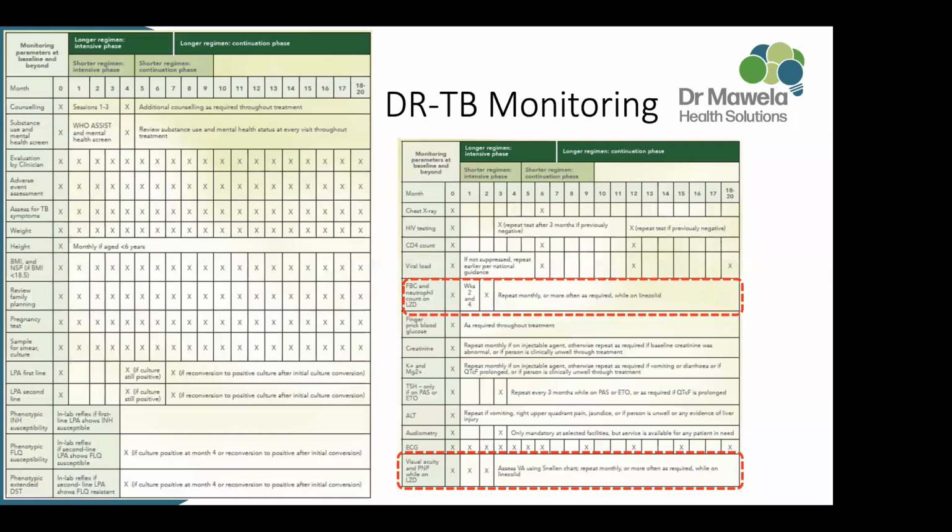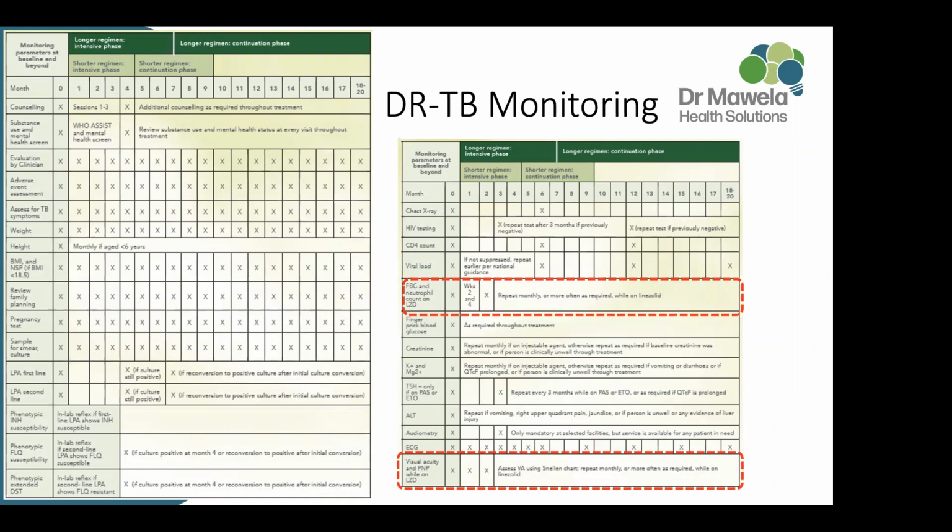Then there's the issue of the eyes, which linezolid plus also ethambutol can affect visual acuity, color blindness, or even blindness. So you must always check the eyes. And then remember that bedaquiline is also associated with prolongation of your QT interval on your ECG, sometimes leading to arrhythmias and heart blocks.